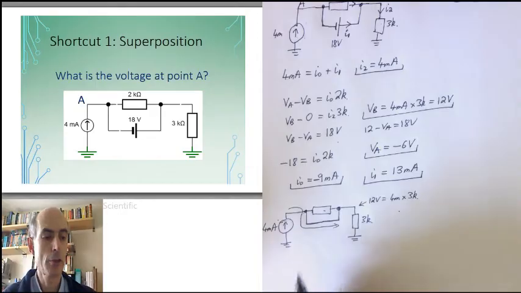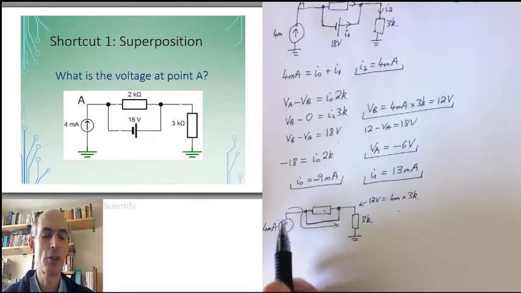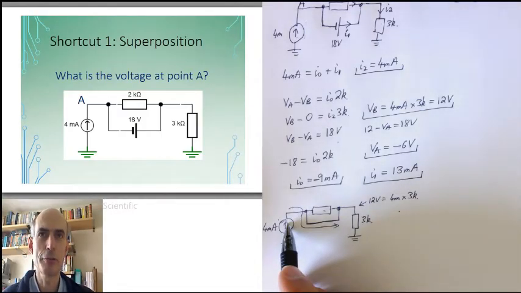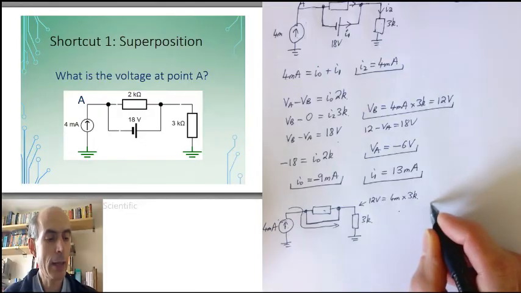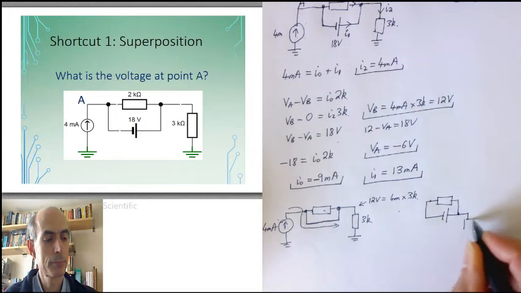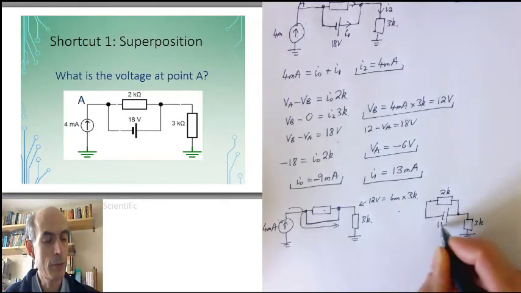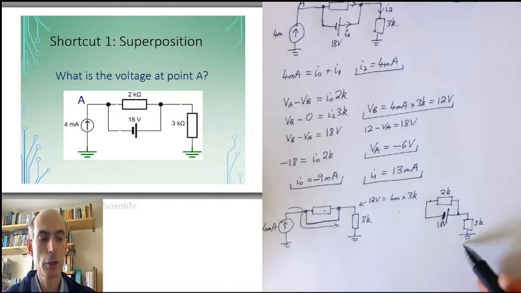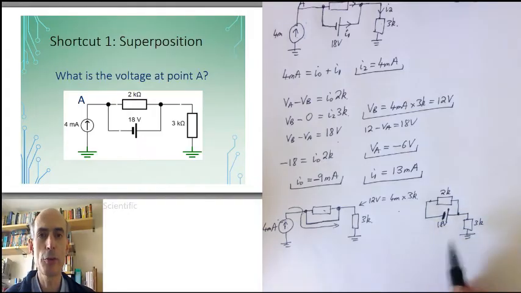Next, I turn the current source off and I just consider the voltage source. If I do that, turning the current source off would mean replacing it with just an open circuit. So the circuit I would have, if I turn the current source off, is this. (2K, 18 volts). Now, for any circuit, the current going down to ground must come back up from ground somewhere else in the circuit.